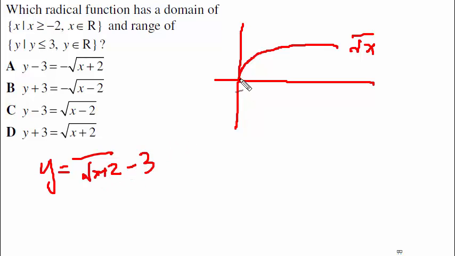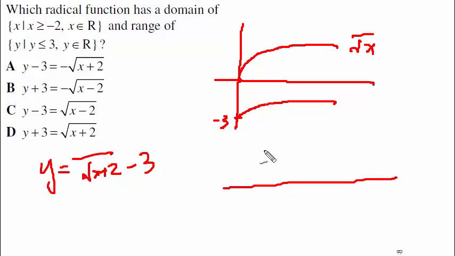That means we shift it down by 3 units, and then graph it. That means the range is everything above -3, so y is bigger than -3, which is not correct. We are looking for y less than 3, so we have to see A. Let's confirm that A is correct.